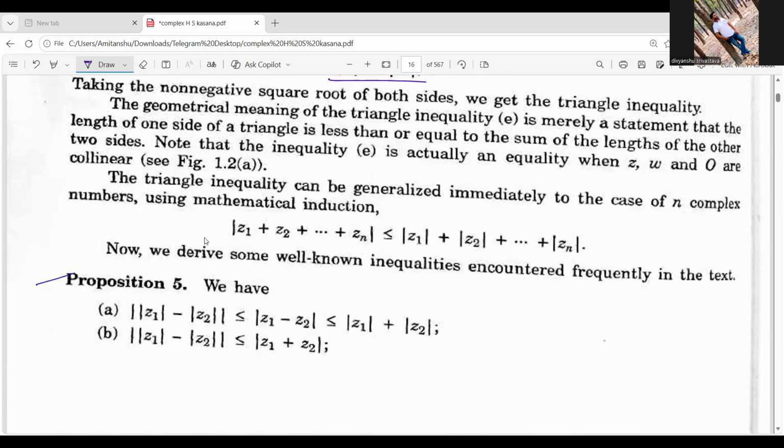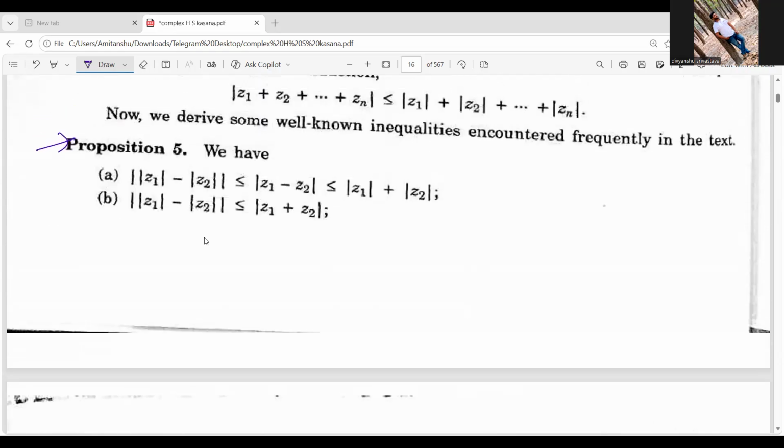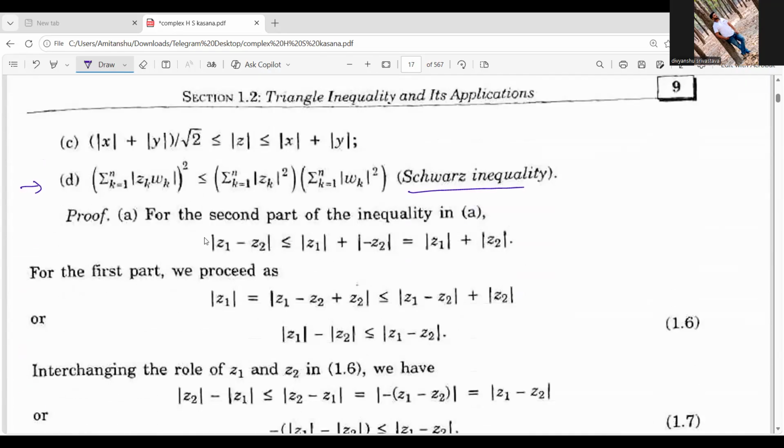Now the next most important thing here is the squares inequality, because in many complex questions CSIR NET asks what the squares inequality is and some problems related to this. So basically in this portion, I am going to teach you this proof.